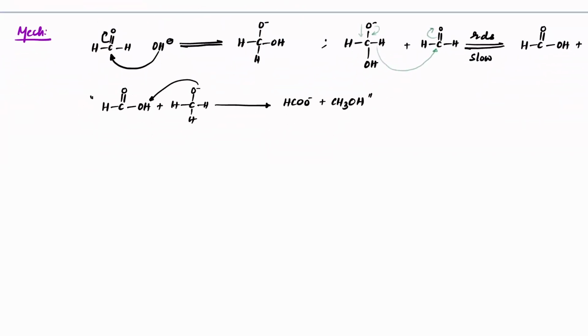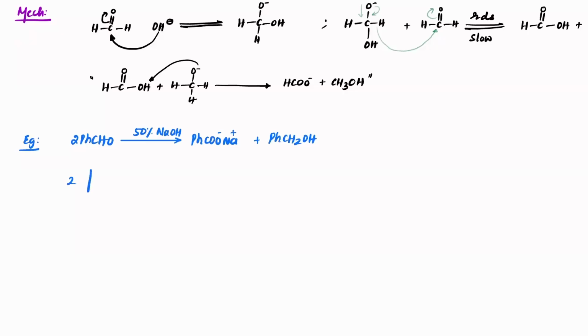Okay, so I'll write some quick examples here. If you have 2 moles of PhCHO and 50% NaOH, we'll get PhCOO minus Na plus and PhCH2OH.